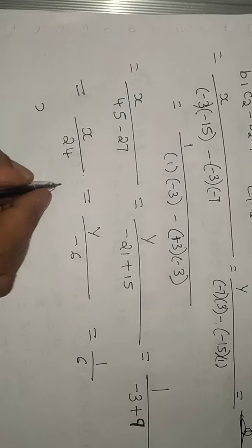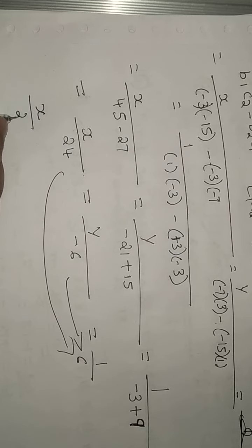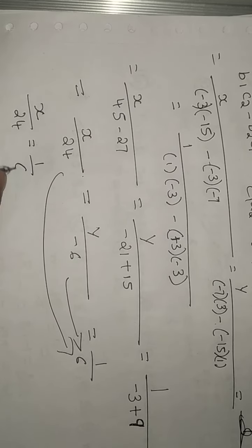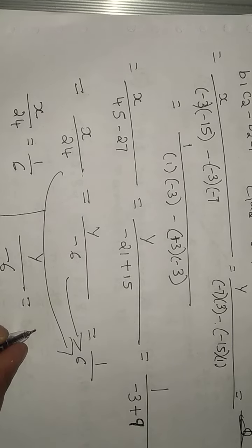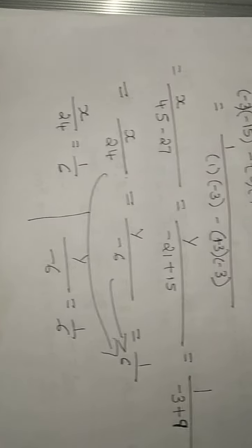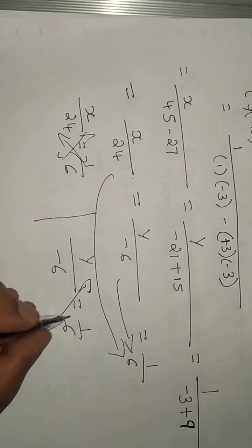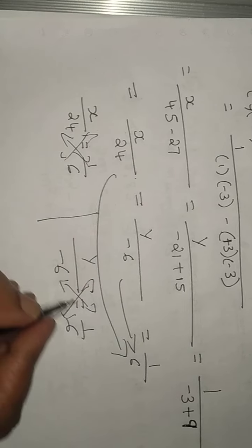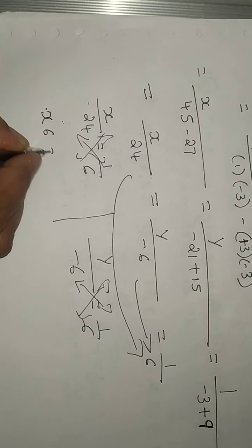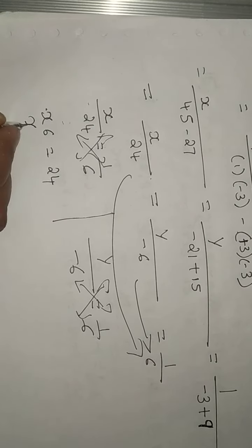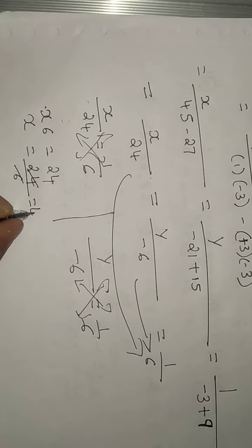So finally we have to equate both of these. Therefore x by 24 is equal to 1 by 6. Next y by minus 6 is equal to 1 by 6. Finally cross multiply this. So I'll show this in this form. So cross multiply this, we get x into 6, that is 6x is equal to 24, where x is equal to 24 by 6. 6 ones are 6, 6 fours are 24.